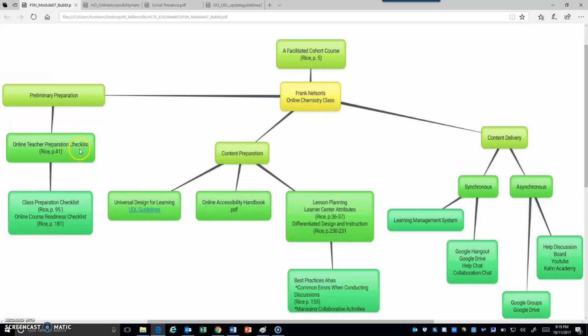I particularly like the preparation checklist for teachers on page 41, the classroom preparation list on page 95, and the course outline readiness checklist on page 181. I thought they were useful tools.